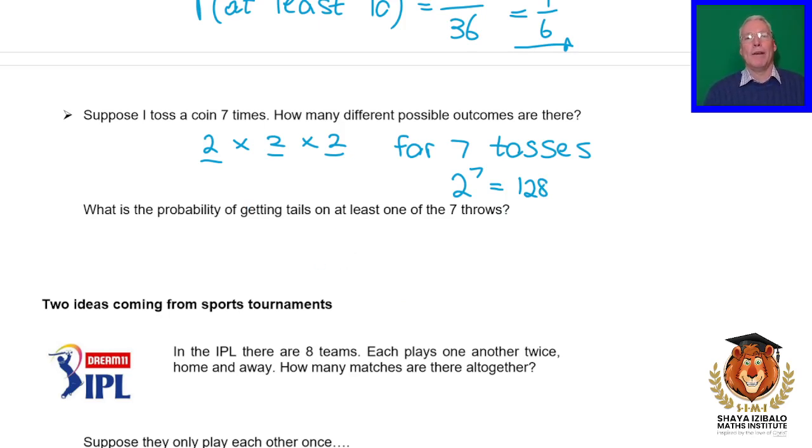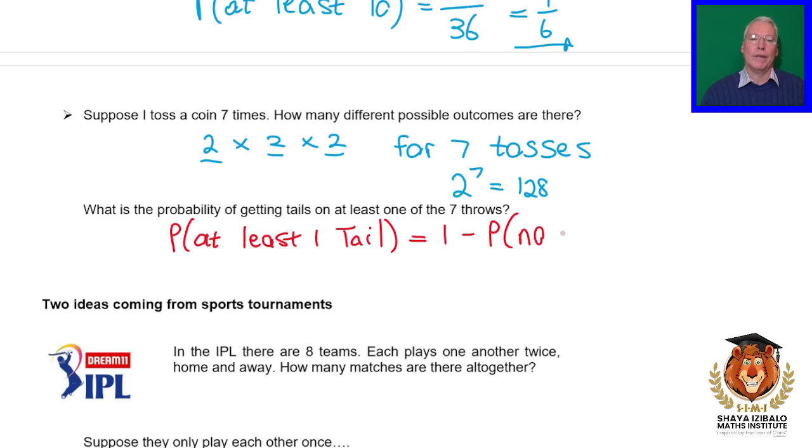You might remember that really big idea that the probability of getting tails on at least one is 1 minus the probability of getting no tails.